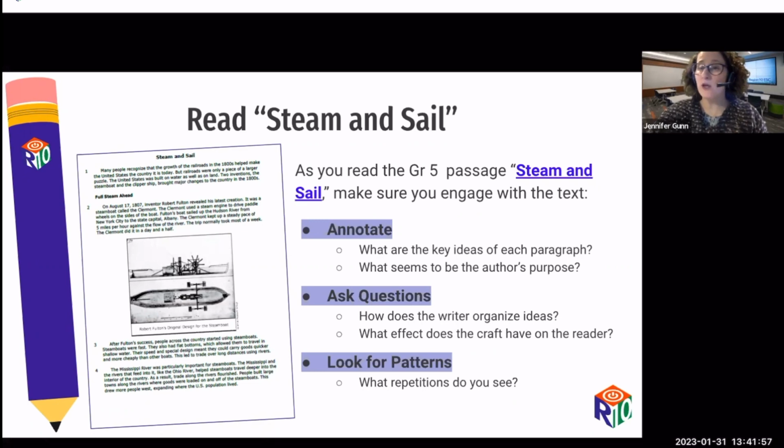So again, we encourage you, pause the video, read "Steam and Sail," and then press play again so that you're looking at the next portion with the understanding of the passage the students had. We also are offering a few reading engagement strategies, annotating, asking questions, inviting the students to look for patterns.